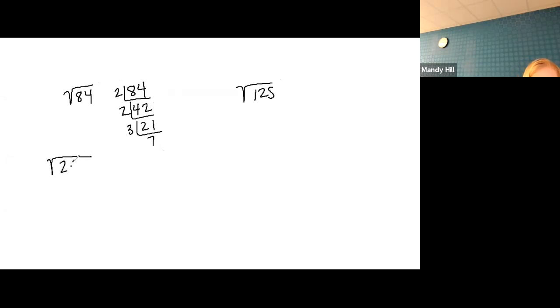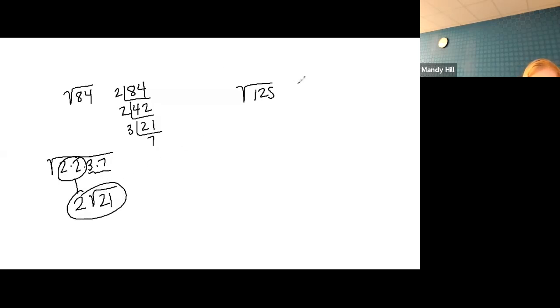So 2 times 2 times 3 times 7. We do have a pair of 2s that we could pull out front. And then the 3 and the 7 are going to stay underneath. So 2 square root of 21 ends up being the square root of 84.